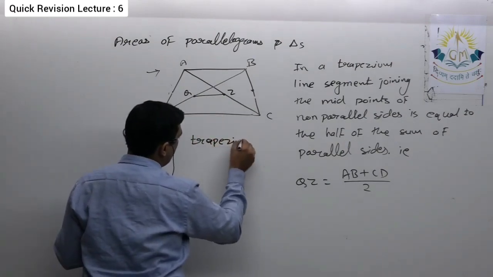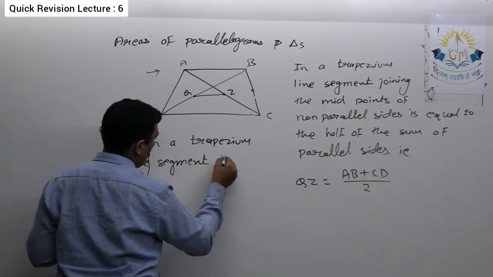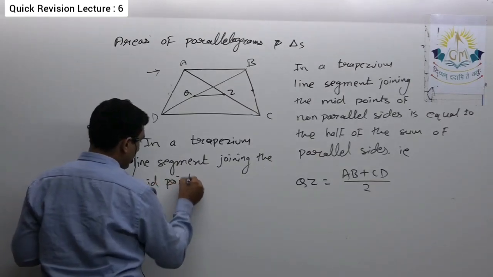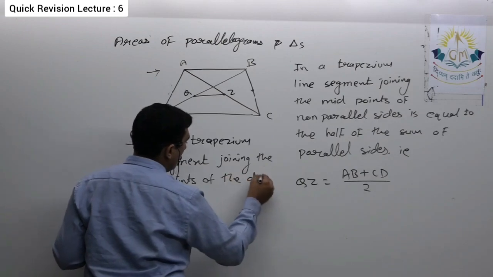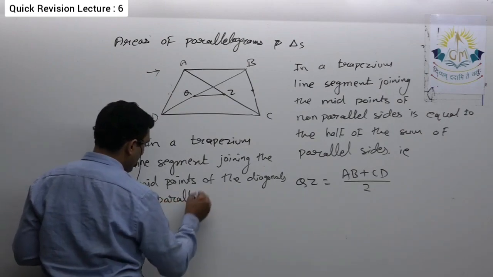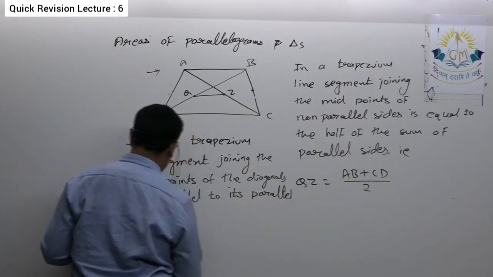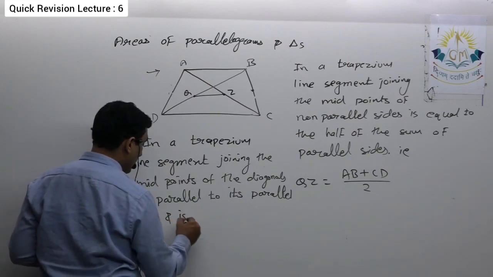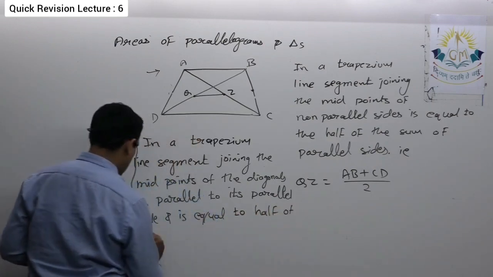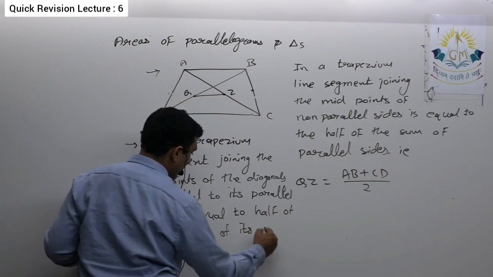In a trapezium, the line segment joining the midpoints of the diagonals is parallel to its parallel sides and is equal to half of the difference of its parallel sides.